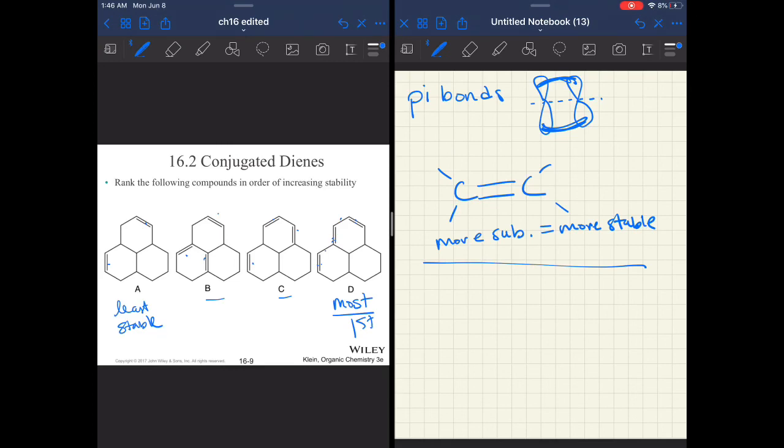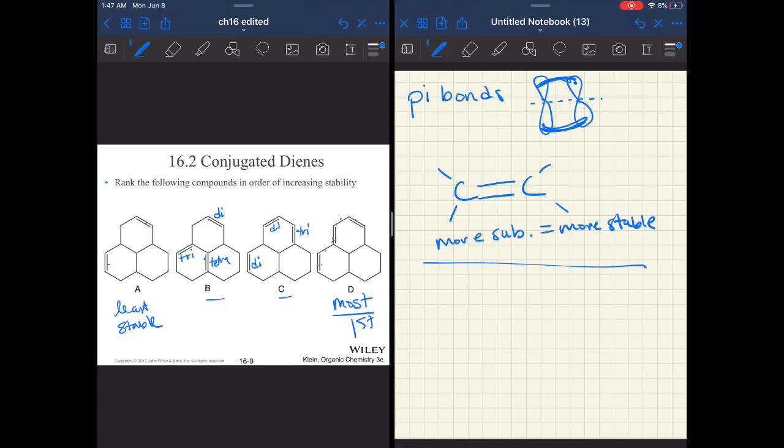In B and C, you have 2 conjugated and an isolated. So we're going to go back to organic 1 and remember that we have di, tri, and tetra substitutions in B, versus C where we have di and tri substitutions.